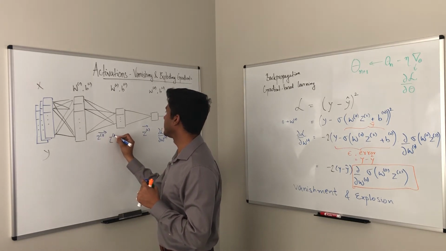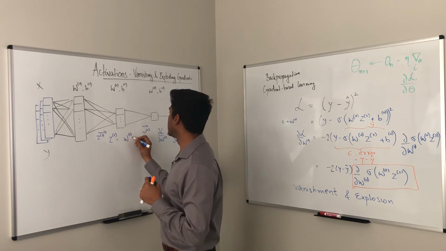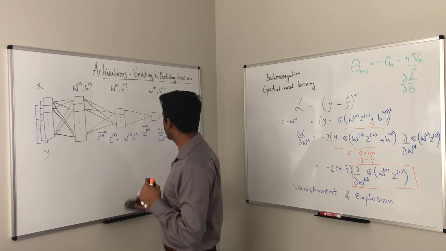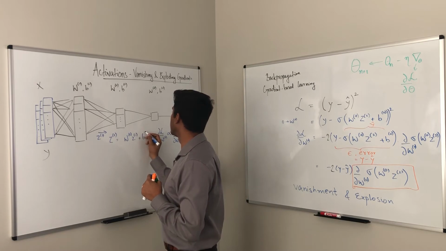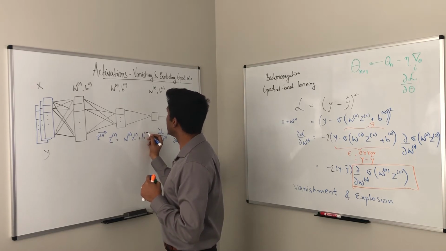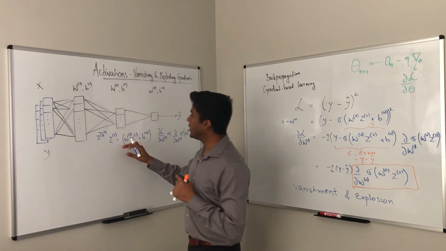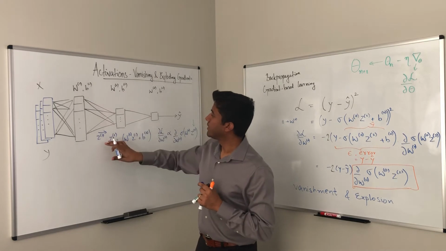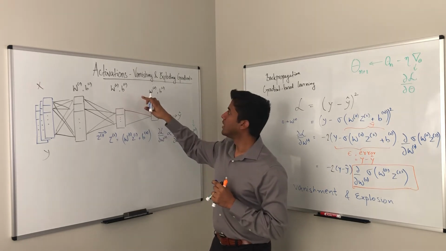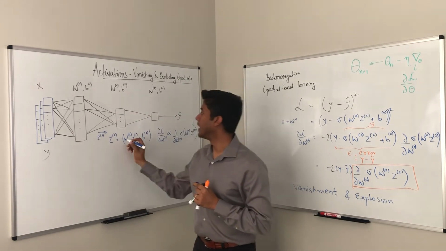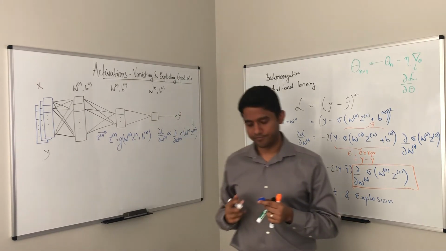Therefore, Z2 is dot product of the input that is getting into this, its weight, and added with the bias term and surrounded by an activation on this layer denoted by G.